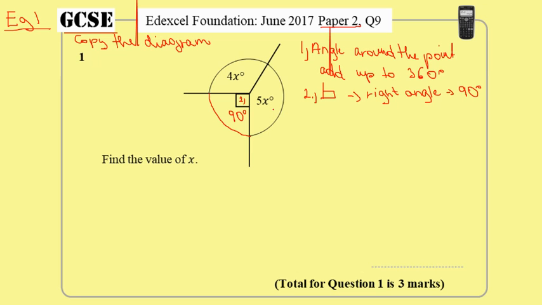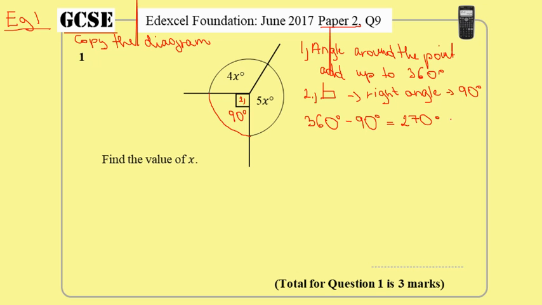So the first thing is you write down 360 degrees take away 90 degrees, which gives us, and you can use a calculator if you don't want to think about it, but I'm sure all of you know it is 270 degrees.